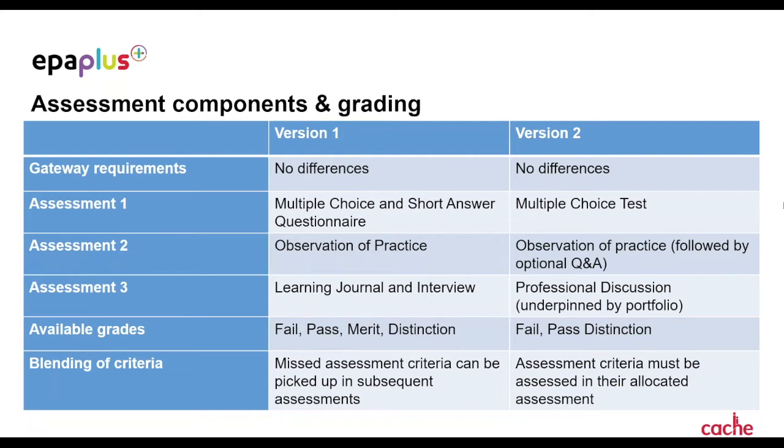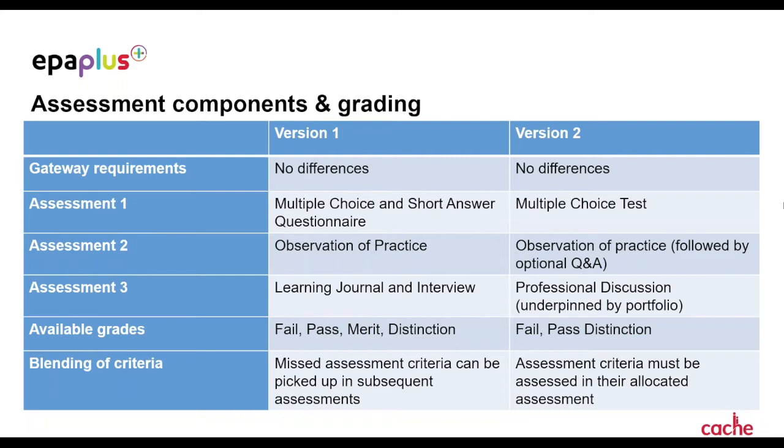And this final change, the blending of the criteria, as I've put it on the slide, is one of the key changes. It doesn't affect the individual assessment criteria, but it does affect where those assessment criteria can be picked up.